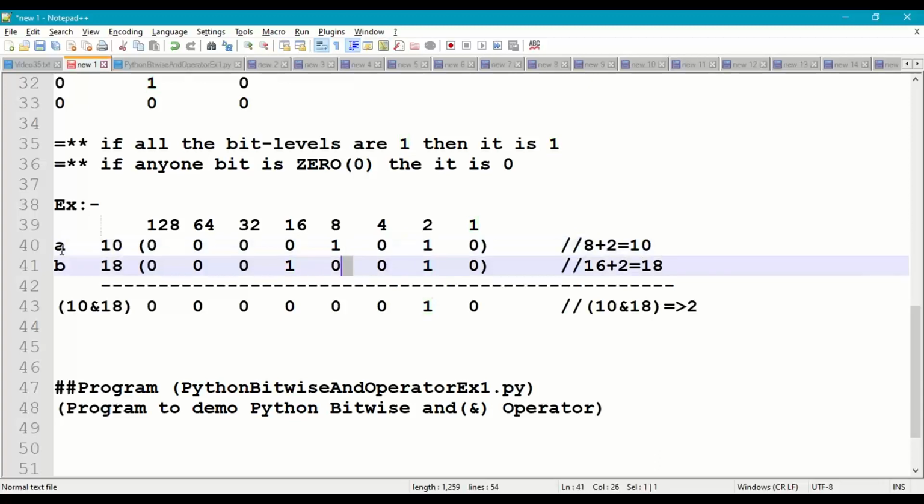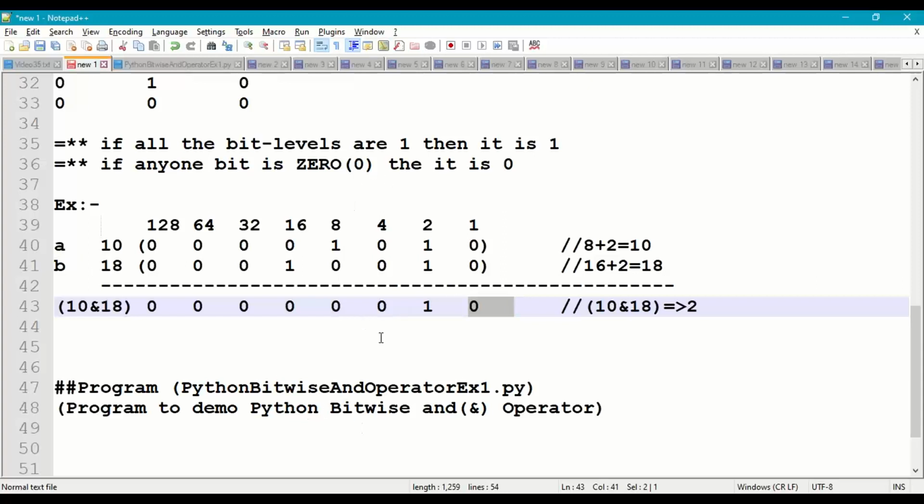Next, 1, 0: the second bit is 0, so the answer is 0. Next, 0, 0: both bits are 0, so the answer is 0. Next, 1 and 1: both the bits are 1, so the answer is 1. Last bit, 0 and 0: both are 0, so the answer is 0.